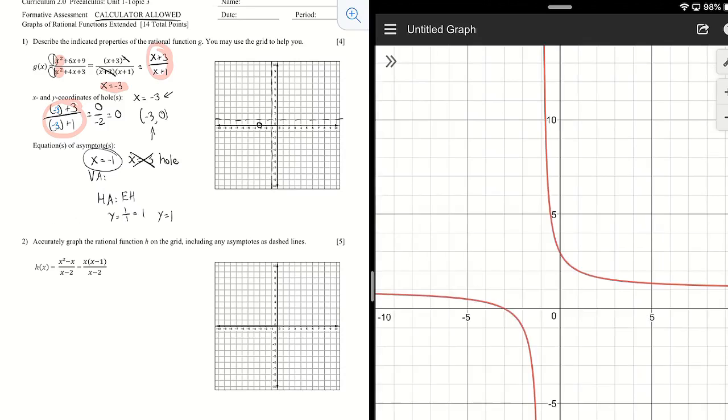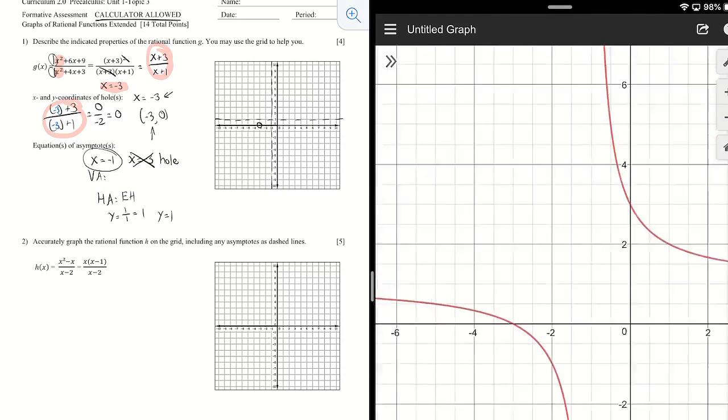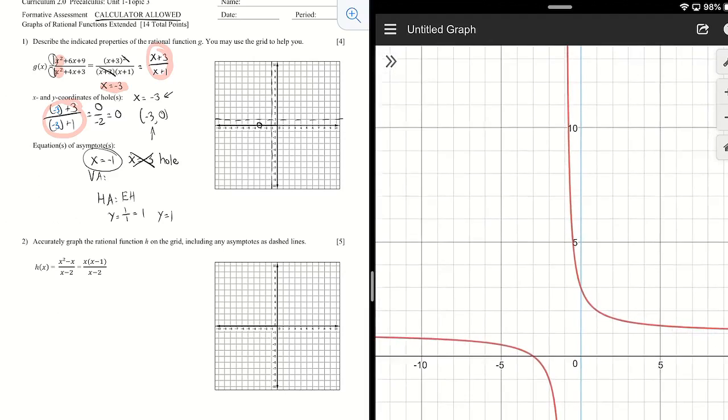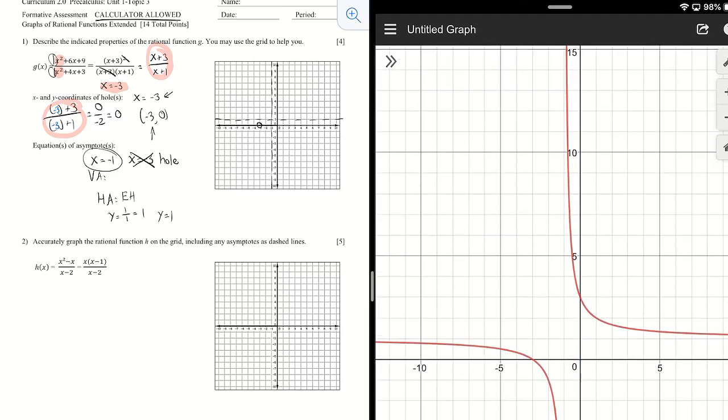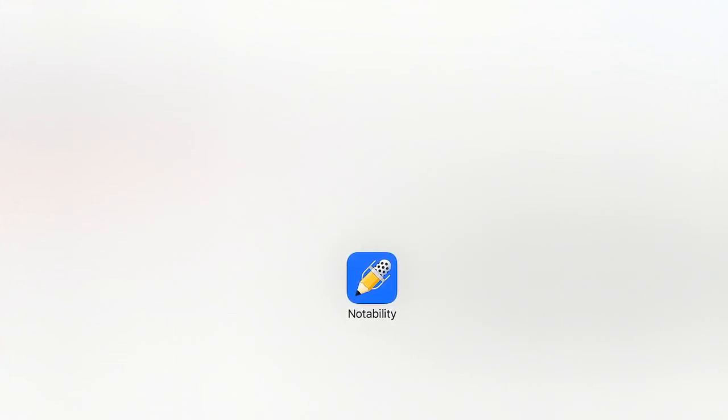And we end up getting a graph that looks like this. Right here at -3, we can see that there's a hole. If I really wanted to graph this, there are some other points here. I noticed I have 0, 3. At that point, I know the graph hugs it from there. Same thing right here. That point is just used as a guideline. And there's my graph.